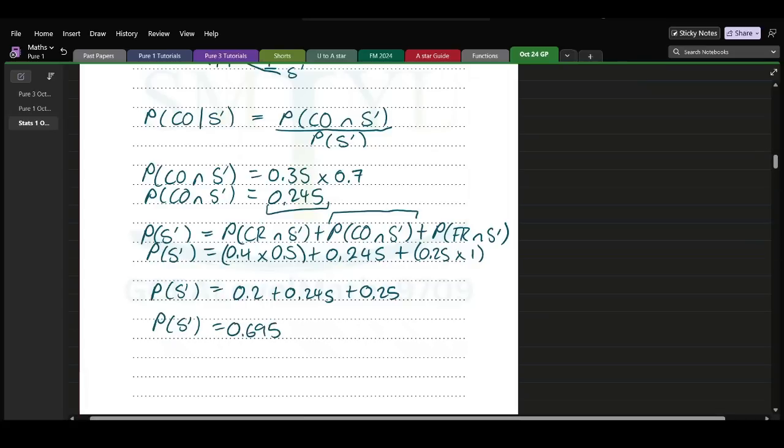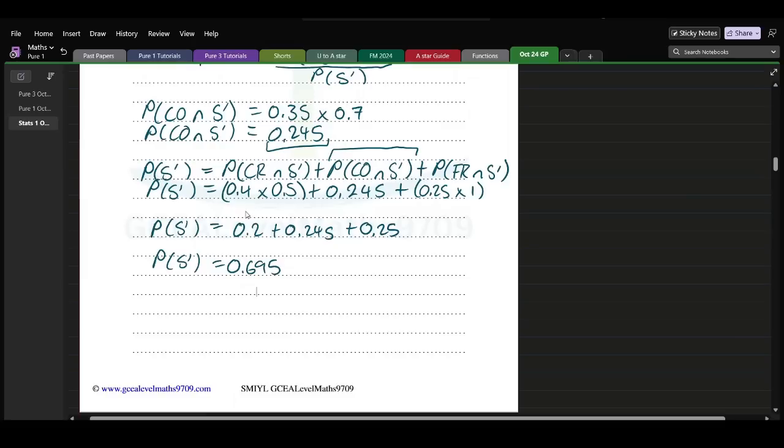Now let's evaluate our conditional probability. The probability of Sam eating cookies, given that he does not have a soda, is equal to 0.245 over 0.695.